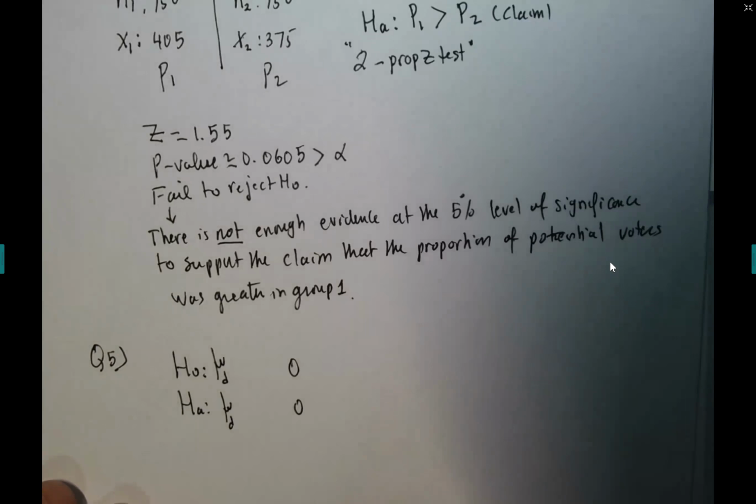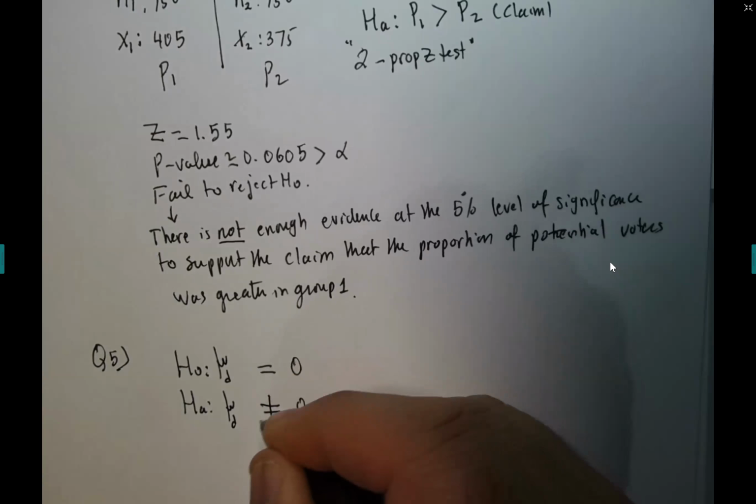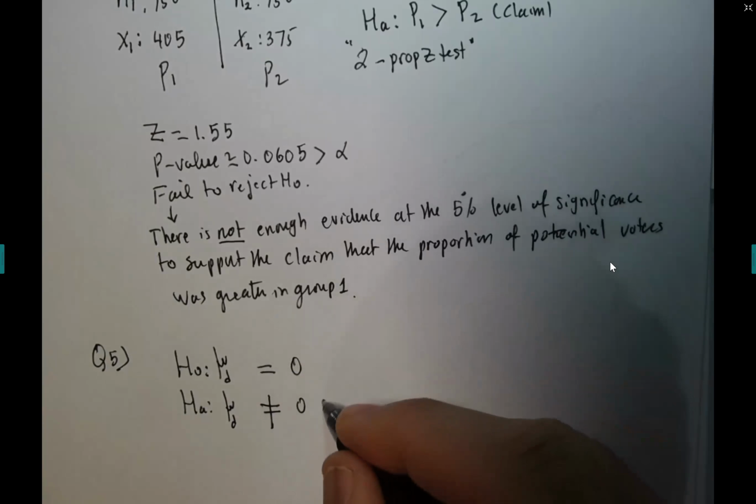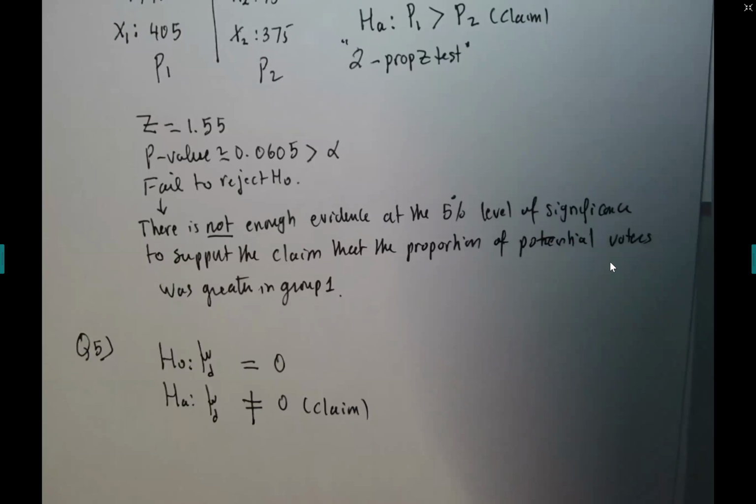Can you guys tell me the signs? Equal, not equal? Yes, because he said they are different. So the difference is not 0. That's the claim. If he says different, it's just not equal to 0. If he says the same, then mu of d equals 0, and then the claim will be in the null hypothesis.